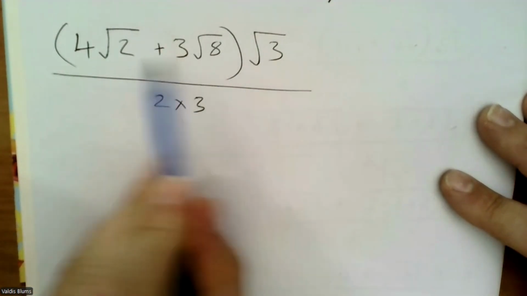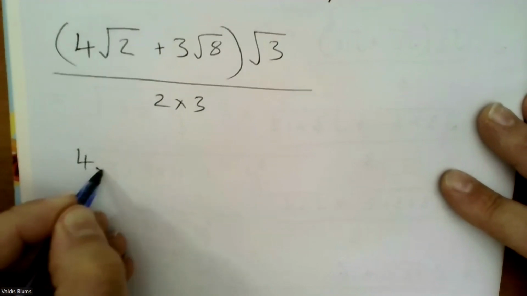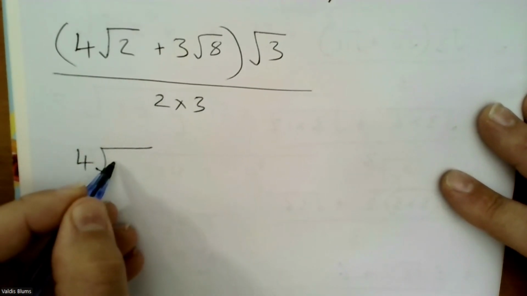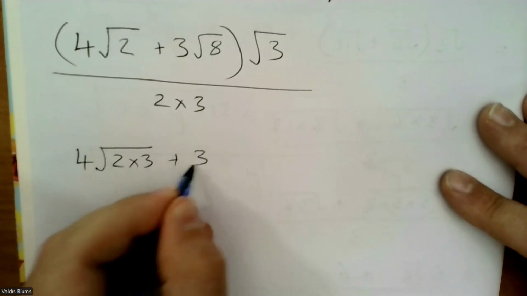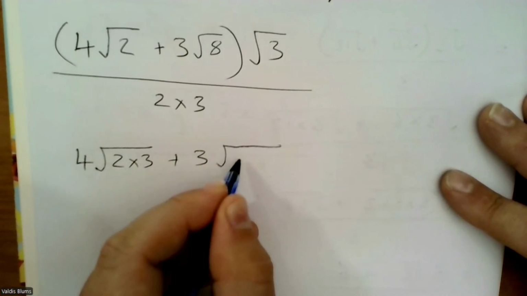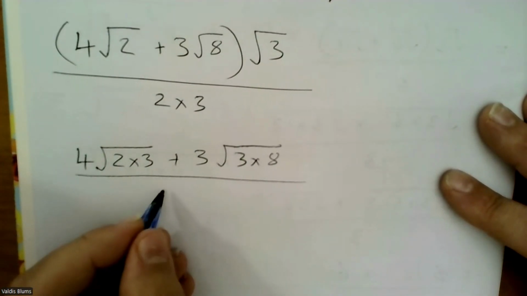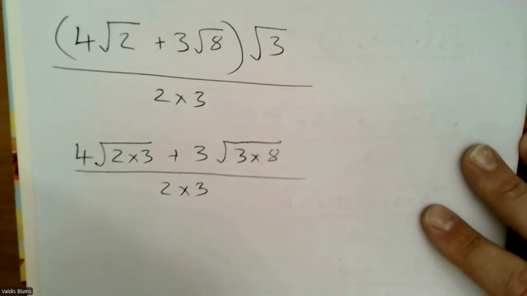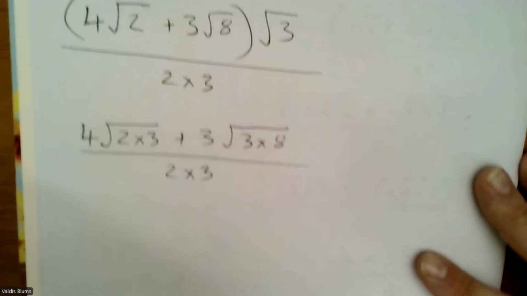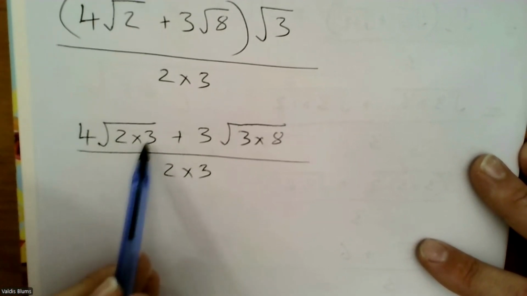Okay, so let's multiply through that square root 3 into the numerator. So we have 4 square root of 2 by 3 plus 3 square root of 3 by 8, all over 2 by 3. Now, as I'm looking at this question, there's nothing really I can pull out of this first term.